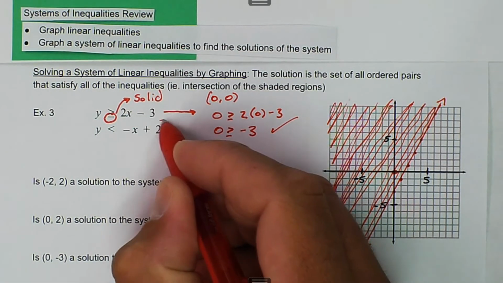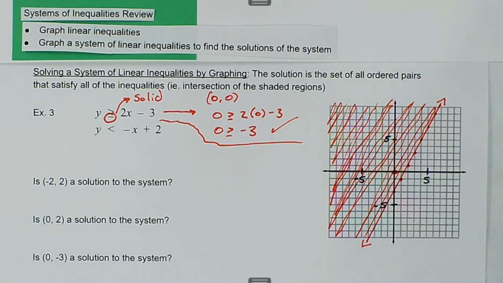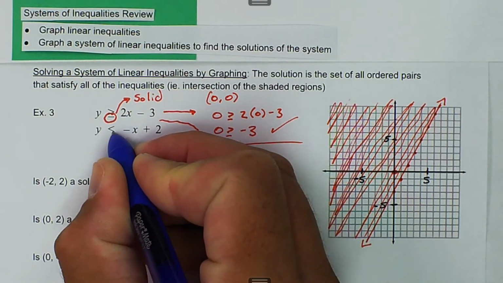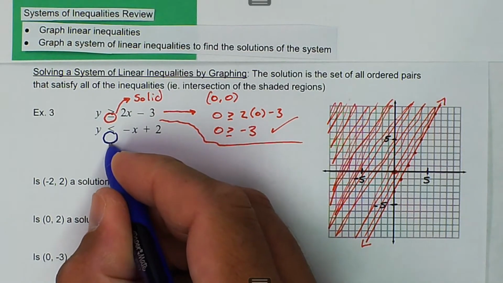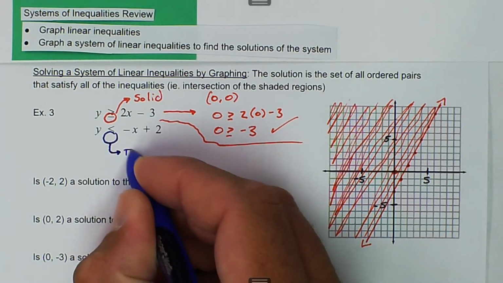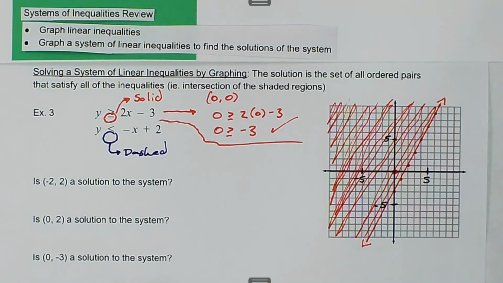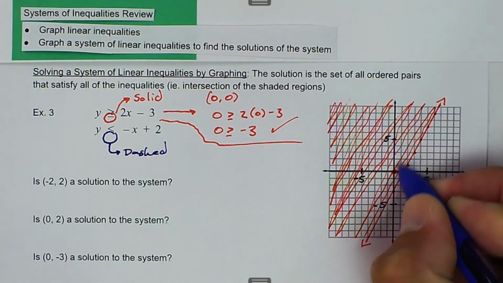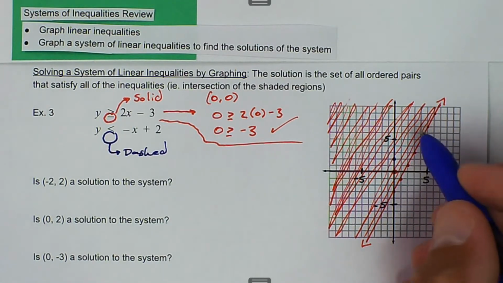So the next one we have is y is less than -x plus 2. And here there's no equal to. Because that's missing, that means that we're going to use a dash line. So now we can just go ahead and graph. We're going to start at +2, so we'll go up to +2, and then we have a slope of -1.